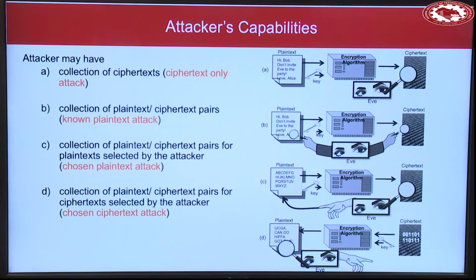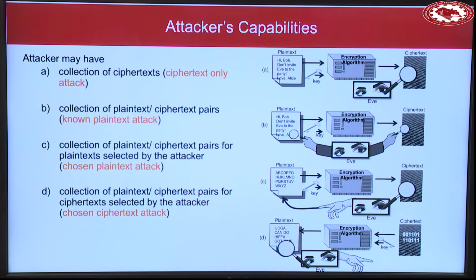Next layer says collection of plain text ciphertext pairs for plain text selected by attacker. So we have given what we said in label 2, attacker, but we also gave a black box to attacker, where attacker can input any message and get the ciphertext. Right? Based on that, can attacker crack the ciphertext that has been sent over the network?